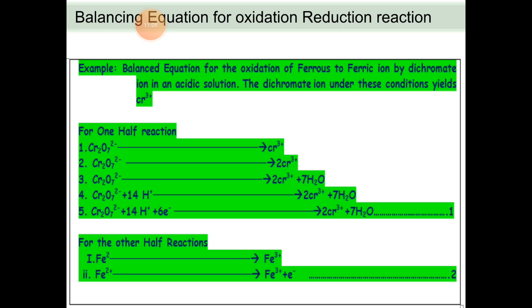For the other half reaction, write down the reactant and product of the half reaction for the reducing agent changing into its oxidized form: Fe2+ to Fe3+ ions, equalizing the charge by adding 1 electron on the right. So here we get equation 1 and equation 2.